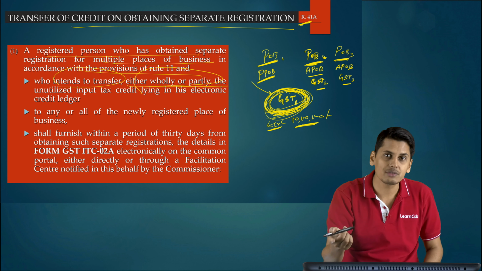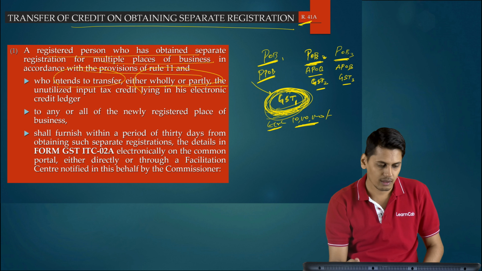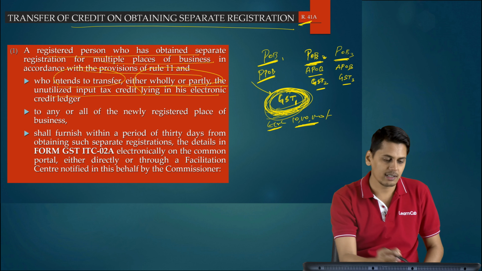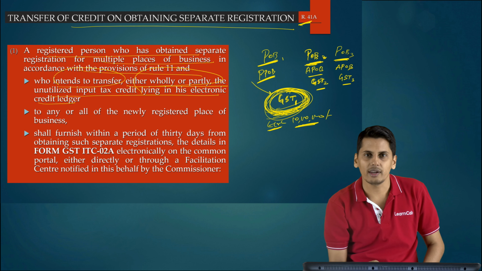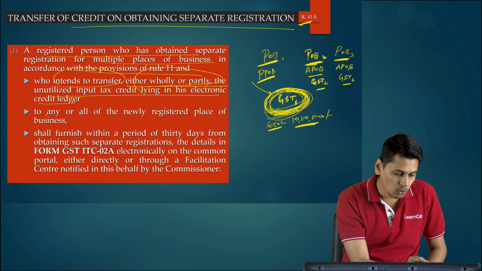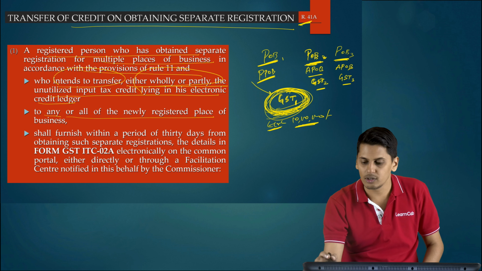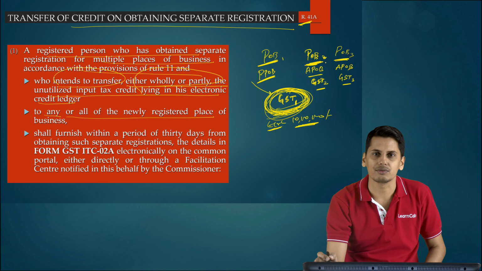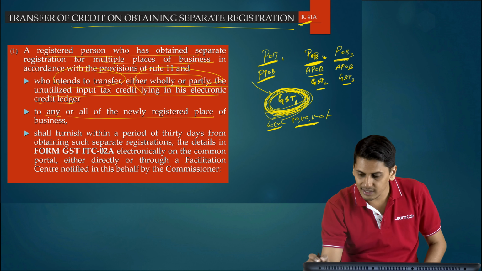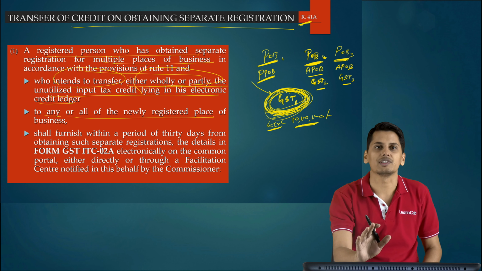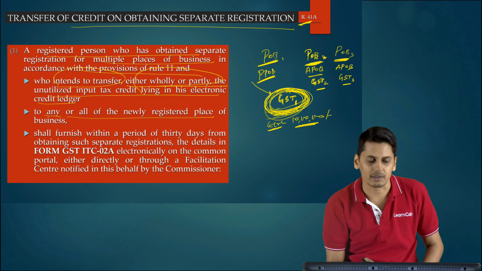How much you want to transfer, it is your wish. The unutilized input tax credit lying in his electronic credit ledger to any or all of the newly registered places of business. If at all you want to transfer, you need not necessarily transfer to both the units. It is your wish. How much you want, you can transfer.